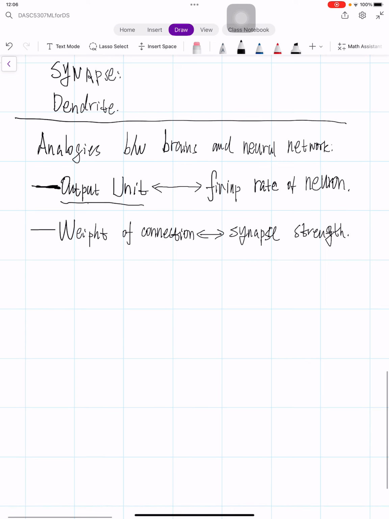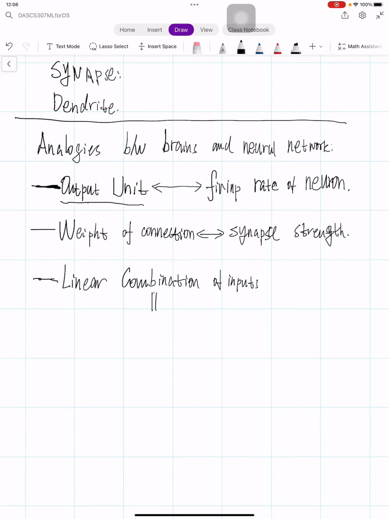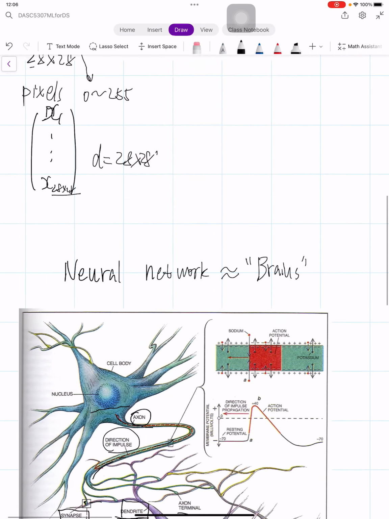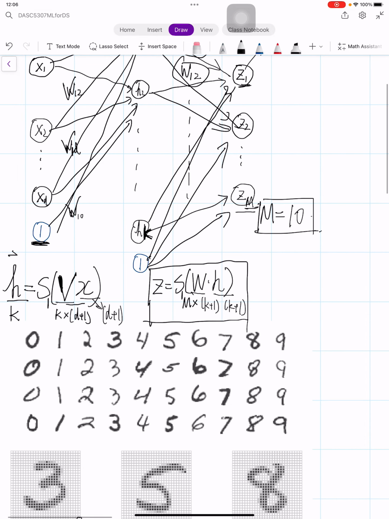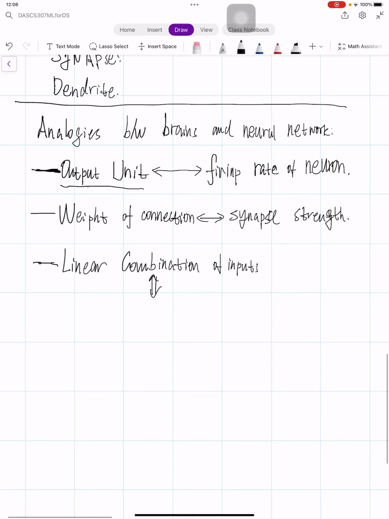And the linear combination of the inputs. When we construct the linear combination of the inputs, each corresponds to a summation in your brain. A neuron fires when the sum of its inputs from several neurons, integrated over time, reaches a high enough voltage.